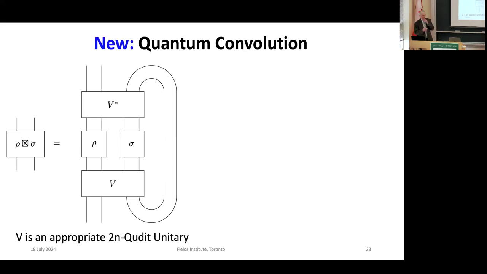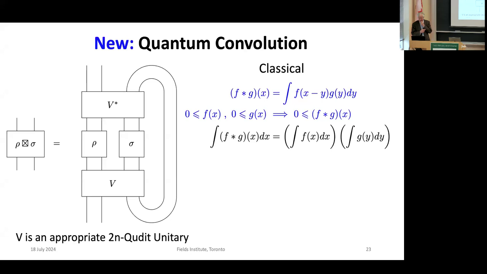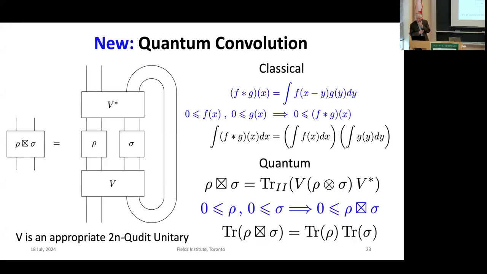This has the property that it takes positive rho and sigma into positive rho times sigma, which is denoted with this box, and will produce an output with trace 1 because it's just given by the twisted unitary of the tensor product. And so it takes a state to a state, and in fact, the trace is just the product of the traces.